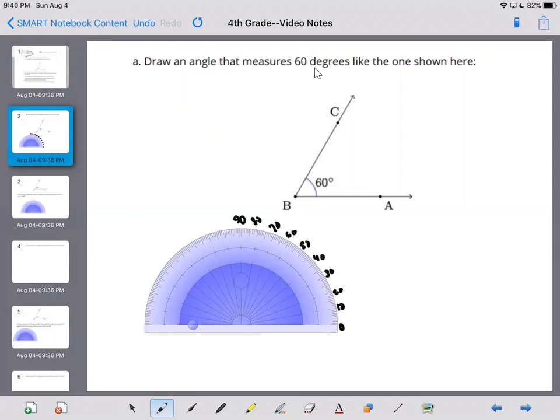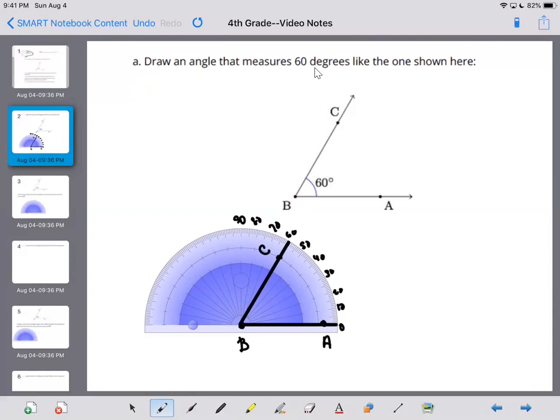So if I want one that's 60 degrees, I'm going to start and draw this initial segment, and then go ahead and measure the 60. So there is another angle that measures 60 that's like the one above, and we'll call it A, B, and C, just kind of duplicating it and reproducing the angle.